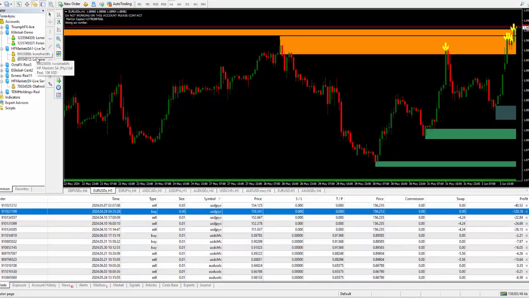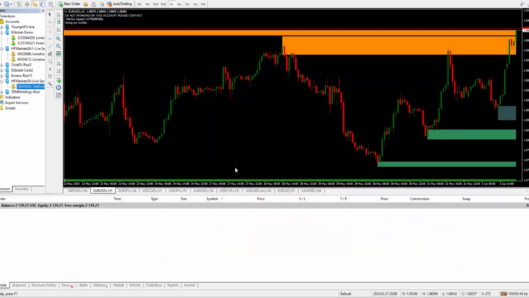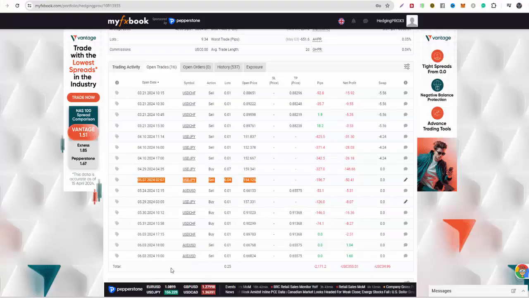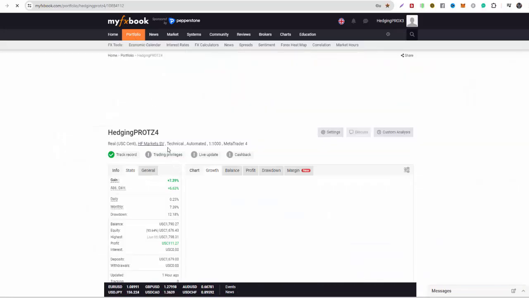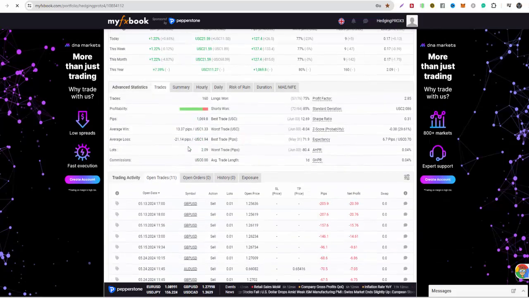The second account is what we're going to deal with now. Good. This is the second account, and the account is trading by this Hedging Pro TZ4 because this is the latest robot that we just released.